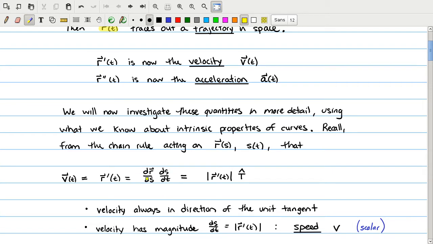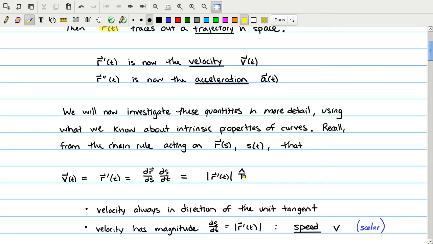But we've seen both of these objects before when we were talking about intrinsic properties of curves. So this ds dt is the magnitude of r prime of t, and dr ds we saw was the unit tangent, t hat. So this says that velocity can be written as the magnitude of r prime times the direction of r prime.